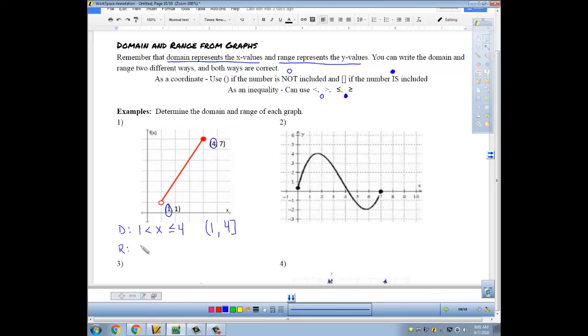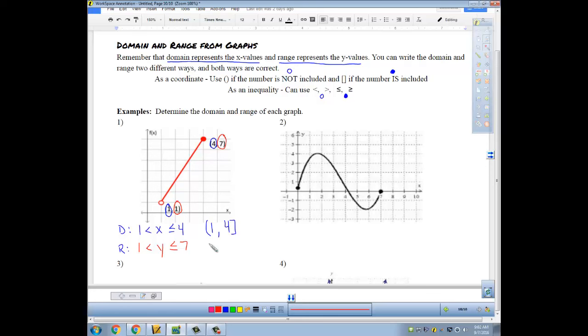Your range is your y value. So I'm looking for what is my lowest y value, and that was 1. All of my other coordinates are greater than 1, so 1 is the smallest point, so 1 is less than all my other points. We're talking about y, so I'm going to put a y. And then my furthest to the right point was 7, and all my other points were less than 7, so y is less than or equal to 7.